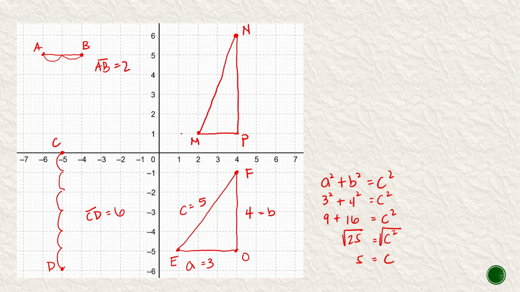coordinates. So for point M, the coordinates of that are 2 and 1. For point P, the coordinates of that are 4 and 1. For point N, that would be 4 and 6. Now let's label the points.